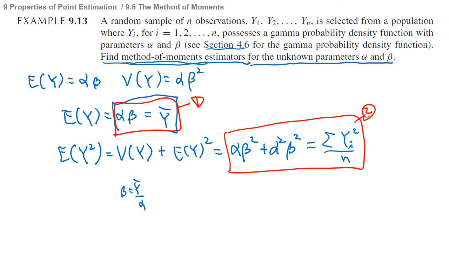So let's put it here: alpha y bar squared plus alpha squared y bar squared equals the sum of yi squared over n, and here alpha cancels.